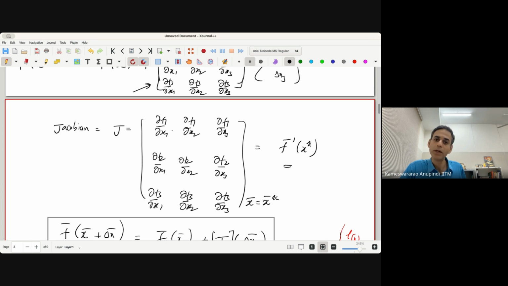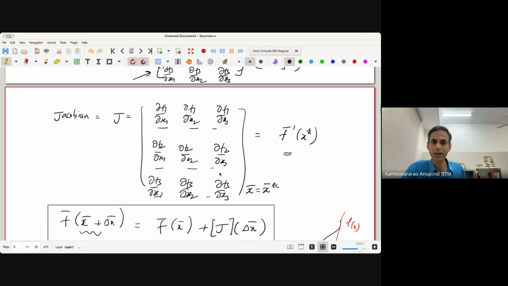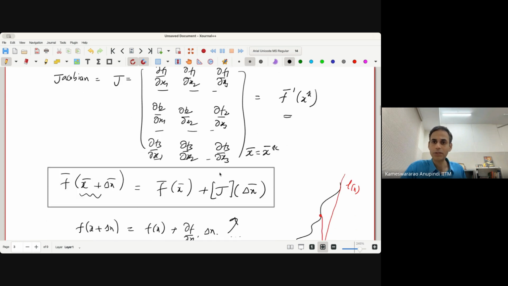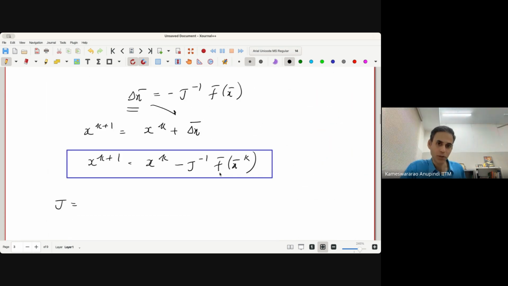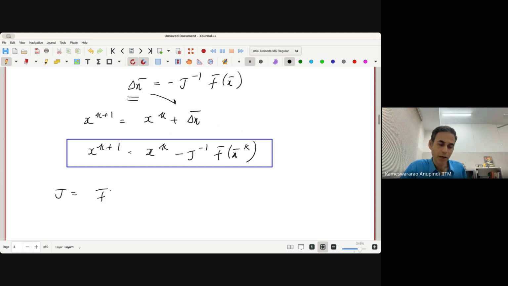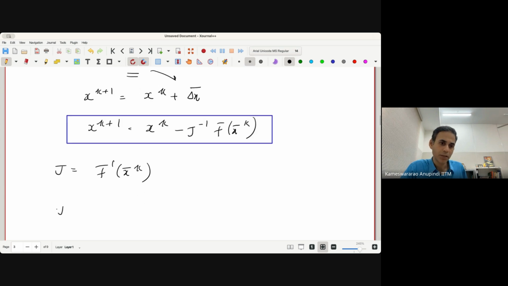So this is going to be the derivative for each of the functions in each of the directions. So that's going to give you 3 by 3 for a 3 by 3 system, and n by n if there are n variables and n functions. Okay, so J equals f bar prime of x bar k. That means my J inverse is going to be f bar prime of x bar k inverse, right?